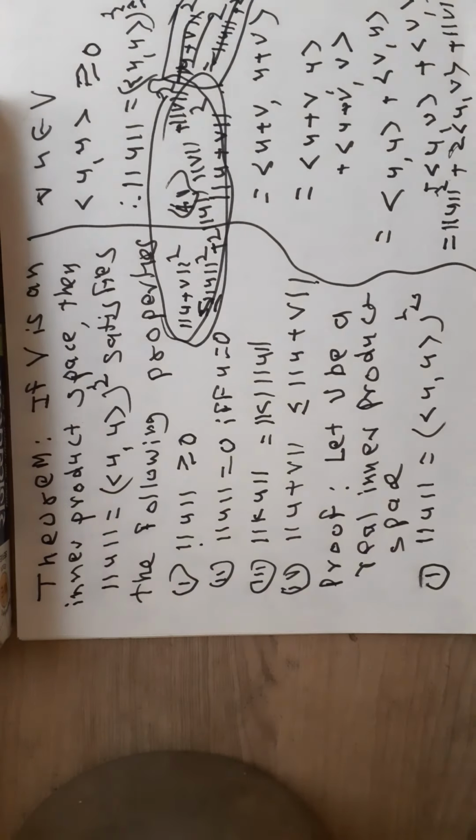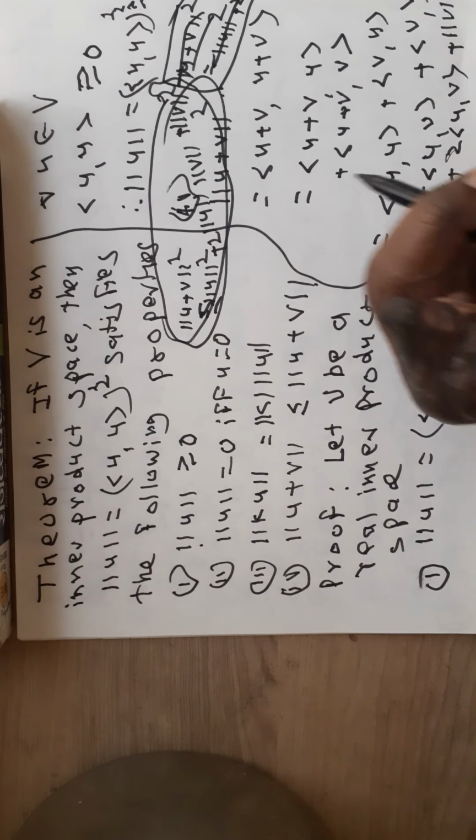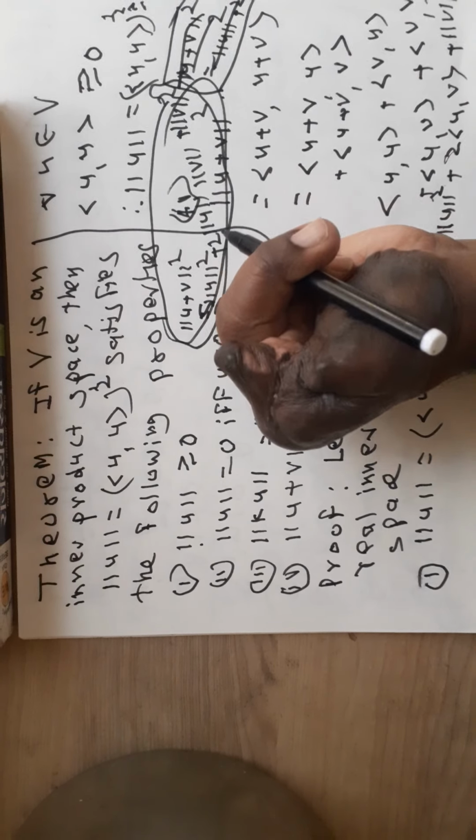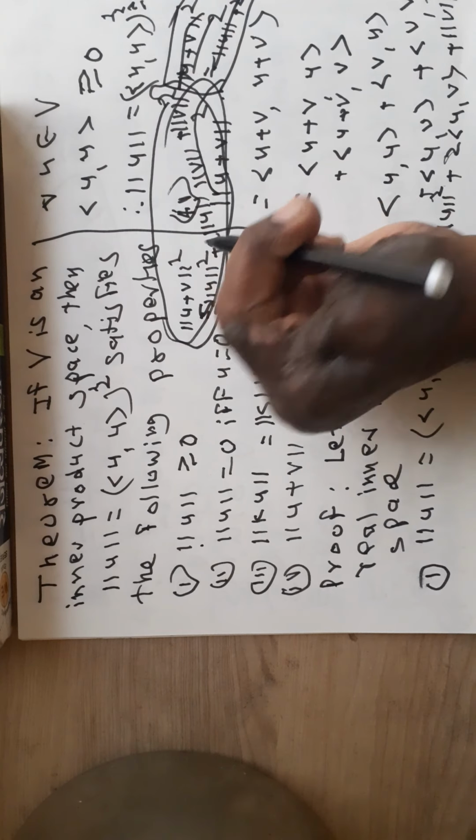See the proof of 4. Here, see norm of u plus v squared.